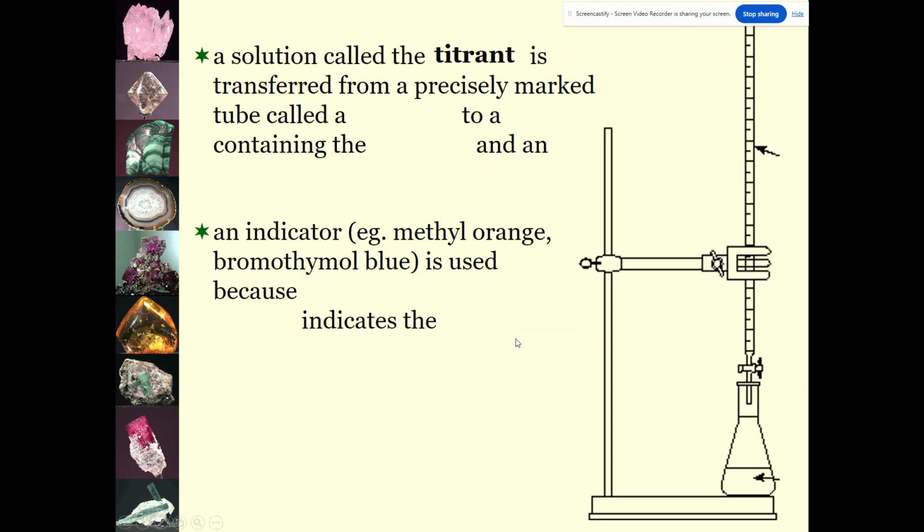This is the setup, I guess, and before I get into the setup, you have a long skinny tube here with increments on it called a burette, and you have a conical flask here called an Erlenmeyer flask, okay?